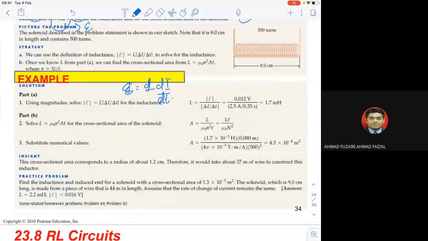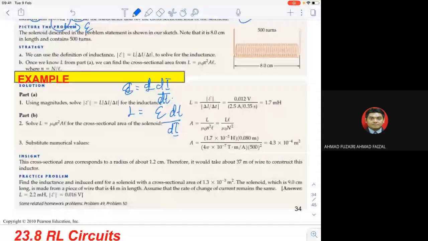So in order to get L, L is equivalent to the induced EMF times delta t over delta I. So with the induced EMF, delta t over delta I, 2.5 divided by 0.35 seconds, in the end you will get 1.7 millihenry.